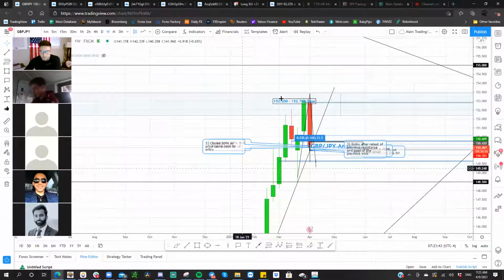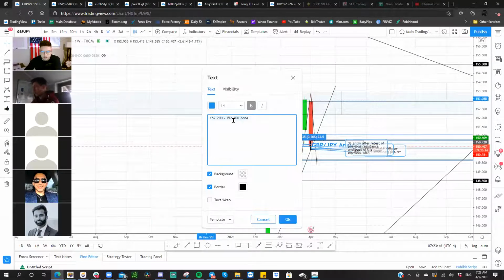This zone. And honestly, I gotta fix this because we adjusted it to 153,500. Very significant zone up here.